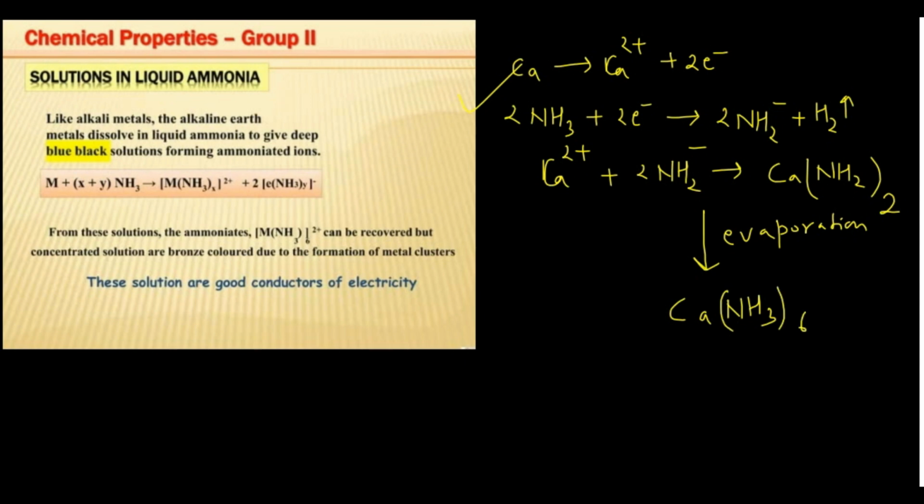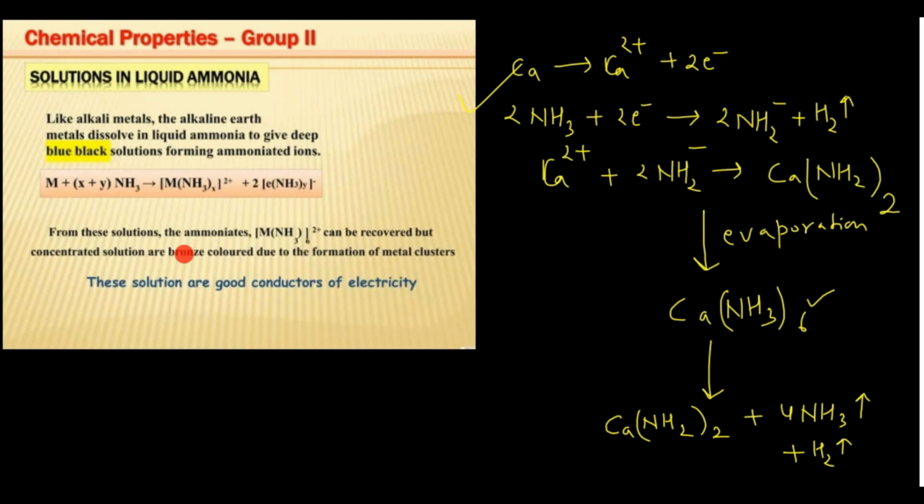This compound is formed actually, and it slowly decomposes into metal amides like M NH2 whole twice, or since I have used calcium here, I can replace this with calcium. Here ammonia will liberate, 4NH3, and hydrogen gas.